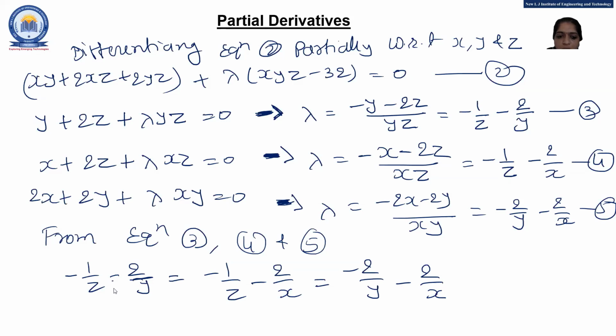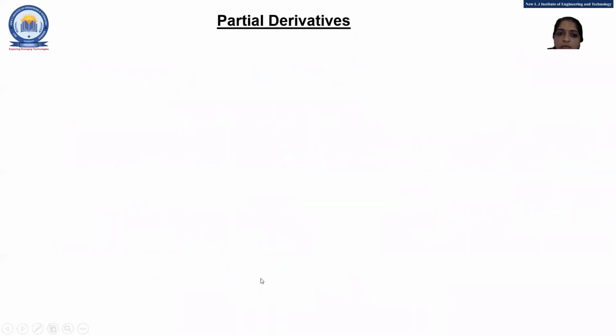See students carefully, by equating this first and second value, both minus 1 upon z will be cancelled out, right? So what is the remaining term? That is minus 2 upon y is equal to minus 2 upon x. So by equating both the sides, I have x is equal to y.